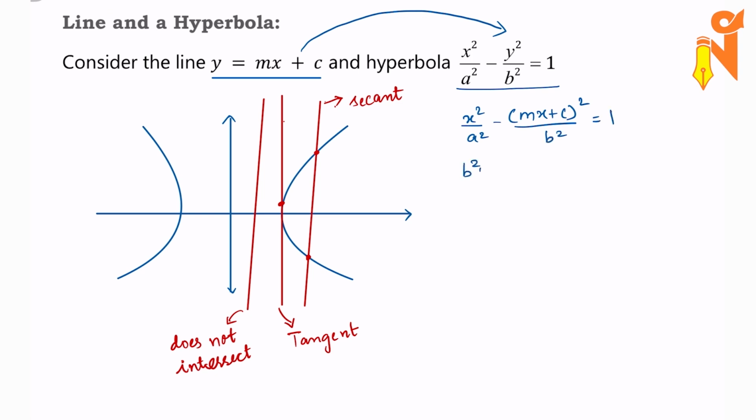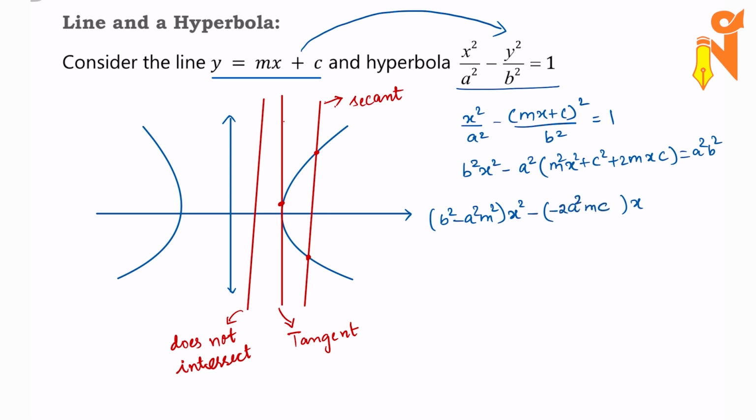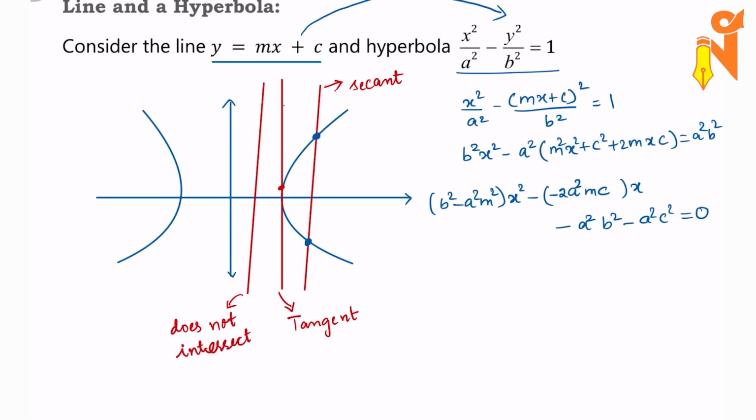If you take LCM, b square x square minus a square (m square x square plus c square plus 2mxc) is equal to a square b square. So it will form a quadratic equation in terms of x.